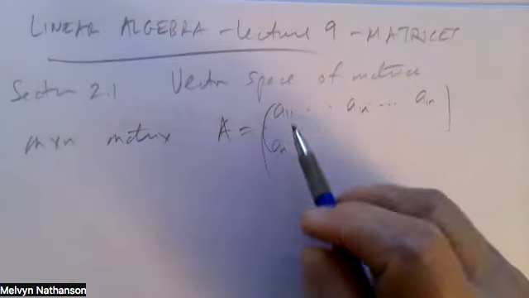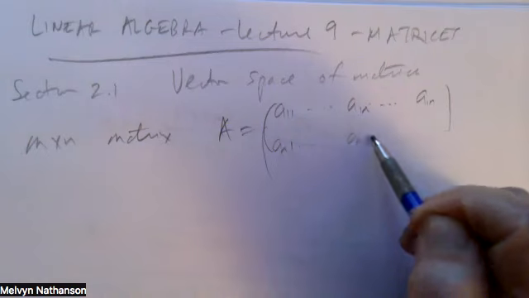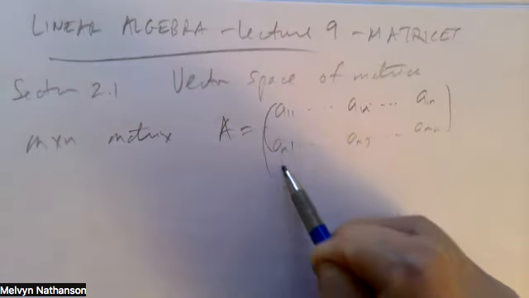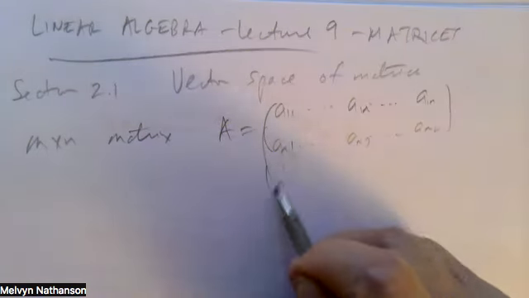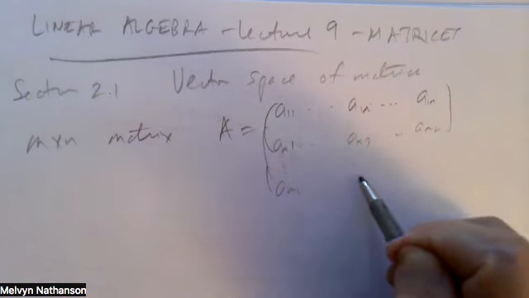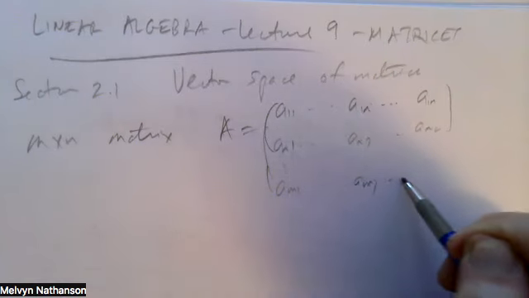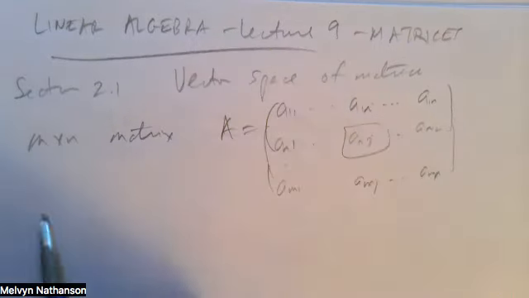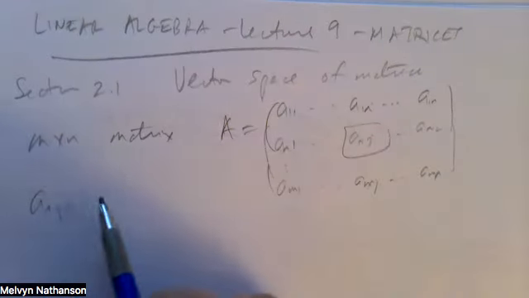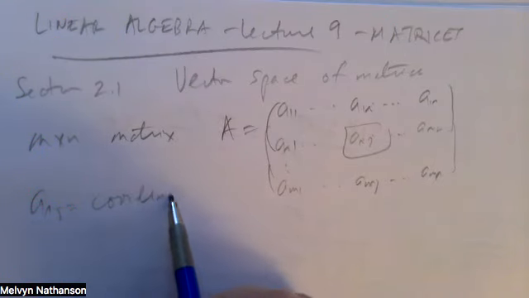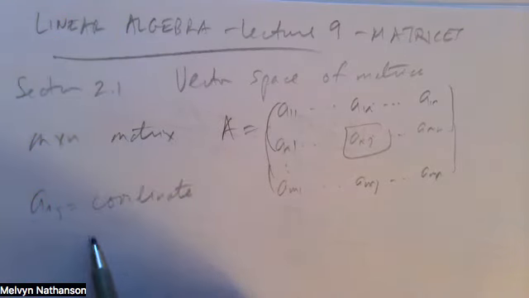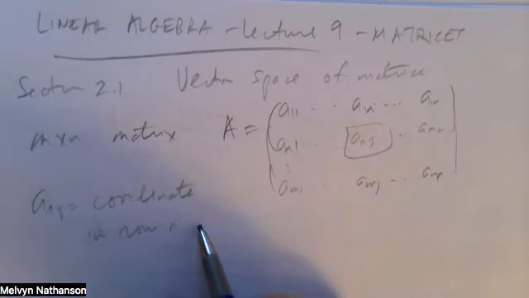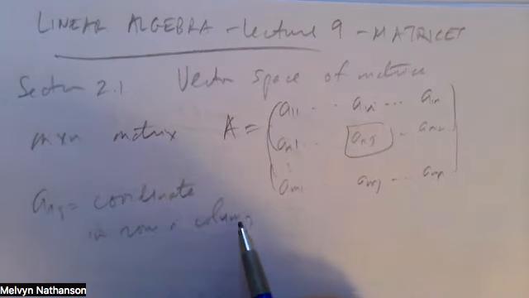The ith row is AI1 up to AIN, down to the last row, the mth row, AM1, AMJ, AMN. And the standard notation is that AIJ is the coordinate of the matrix, the scalar, in row I and column J.